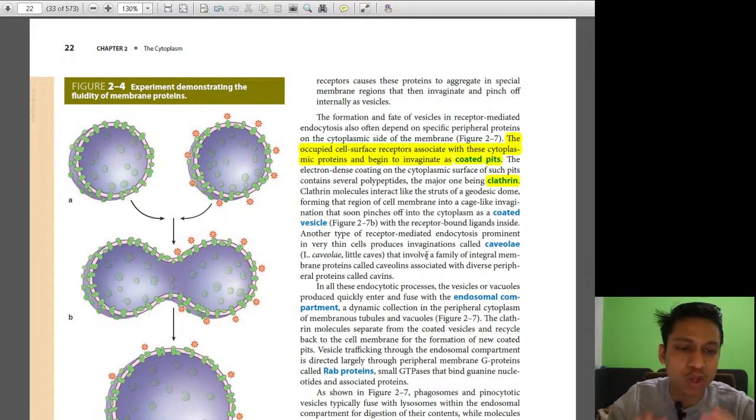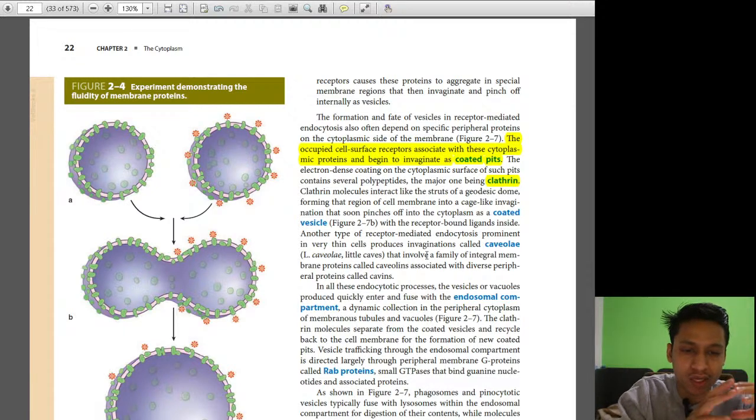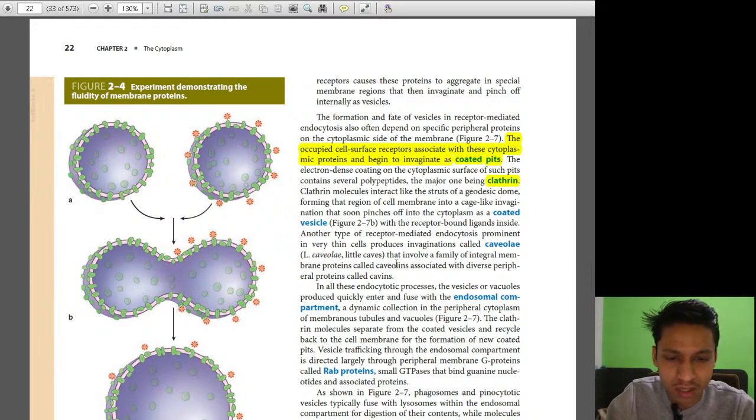So we saw coated pits, which are coated with clathrin. In the case of caveolae, they are associated with membrane proteins called caveolins, associated with diverse peripheral proteins called cavins. We need to know what caveolae are. It's important. Caveolae, caveolins, and cavins.